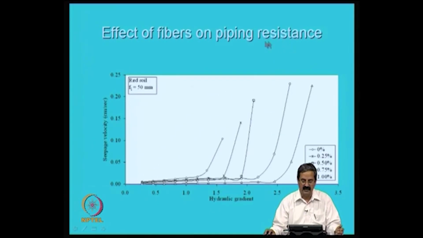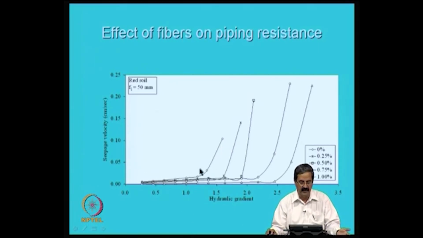This is another important observation on piping resistance. Many materials have quicksand condition. What is the critical hydraulic gradient? It is i_c equal to (G minus 1) by (1 plus e), right. It comes close to about 1. So, materials will have a tendency to liquefy at low hydraulic gradients.